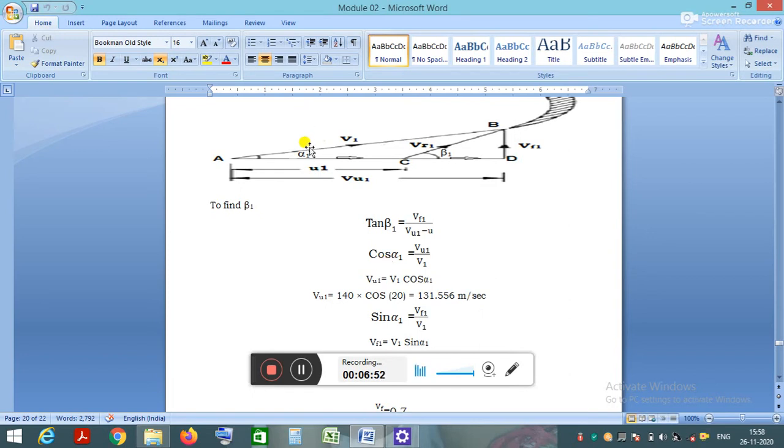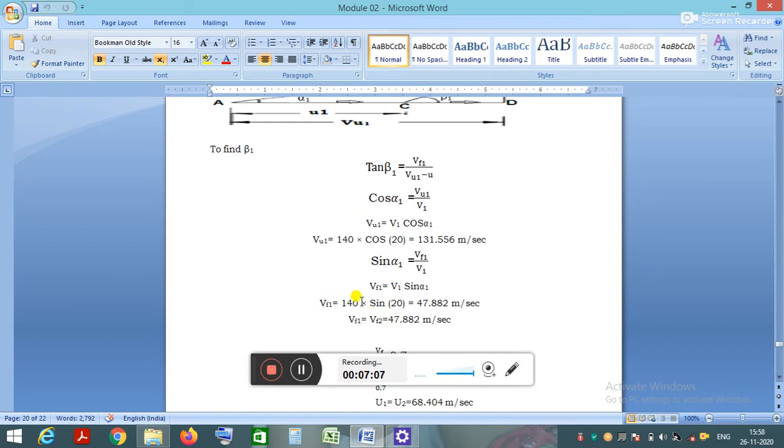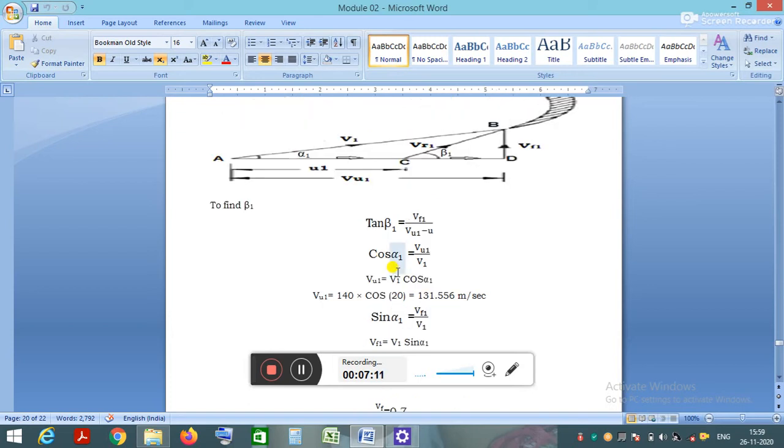Similarly, sin alpha 1 equals opposite by hypotenuse, Vf1 by V1. As V1 is given, we can find Vf1. Vu1 is found, Vf1 is found. You can see here, by using trigonometric equations we found Vf1 and Vu1.